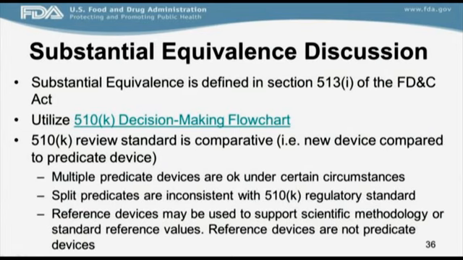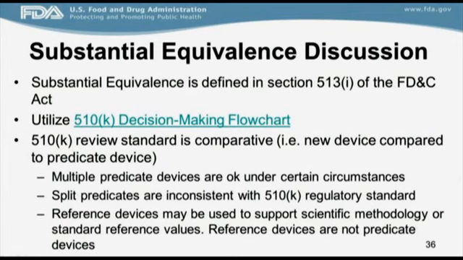Within the 510K program final guidance, it addresses some specific points that I wanted to make note of during this presentation. The first one is that multiple predicate devices are okay, but only under certain circumstances. So for additional references or examples on when multiple predicates may be appropriate, please refer to that guidance. It's important to note that split predicates are inconsistent with the 510K regulatory standard.